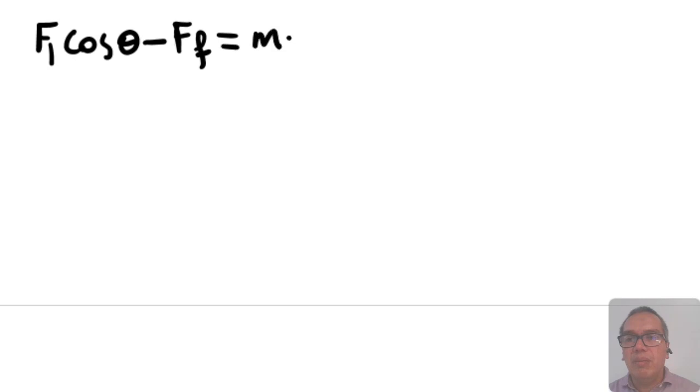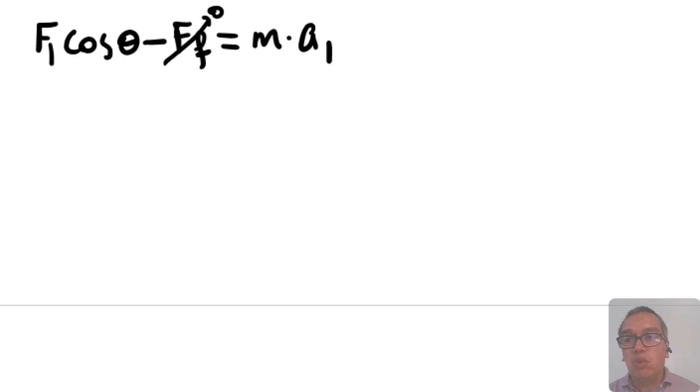Remember that originally in the x direction you had F1 cosine of the angle minus friction force was equal to m times A1. In the critical situation where your force 1 is large enough and the block is about to lose contact with the ground, the frictional force becomes 0.